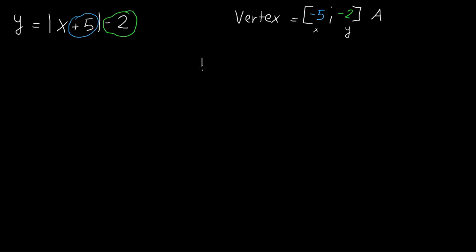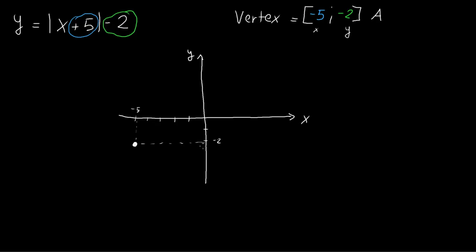So I'm going to draw a nice big coordinate system as so. X and Y. And again, I don't need to put ticks everywhere. I need 1, 2, 3, 4, 5. This is minus 5 for now. And 1, 2. This is minus 2. And we draw a point or our vertex at this location.